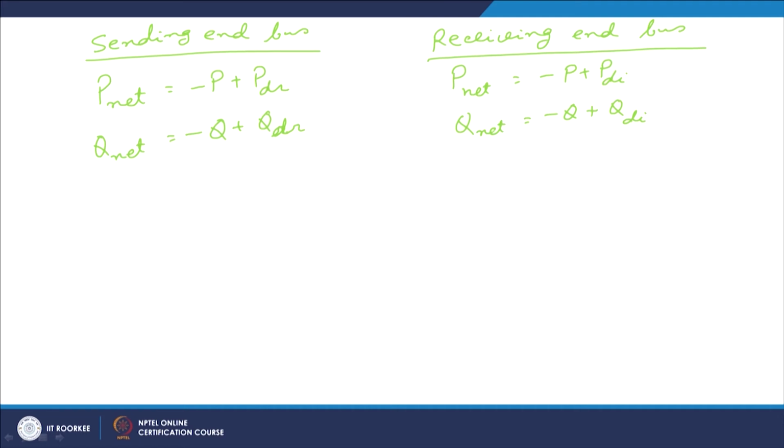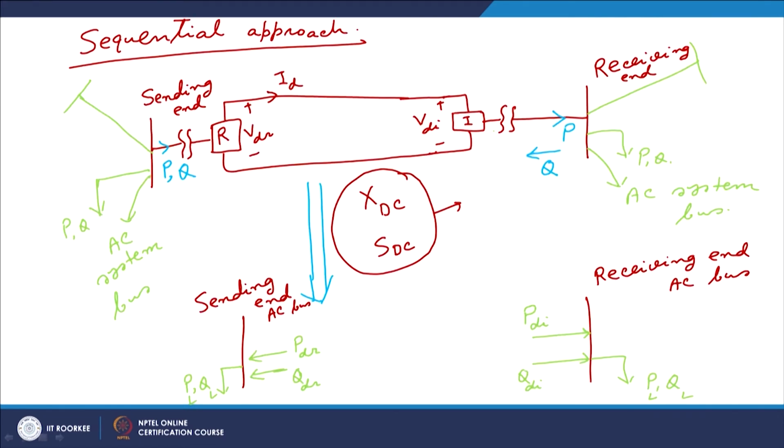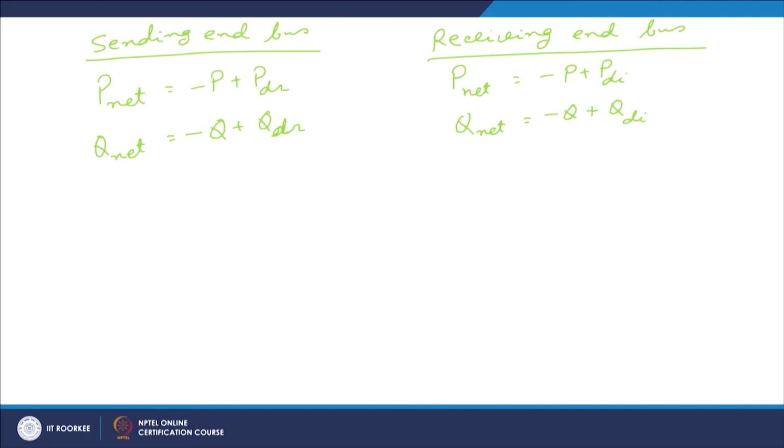So, now my AC/DC system is reduced to a pure AC system in which the effect of the DC link is taken into account by this equivalent real and reactive power injection. Because it is a pure AC system now, we solve the load flow of the AC system by the standard NRLF technique and get the voltage.